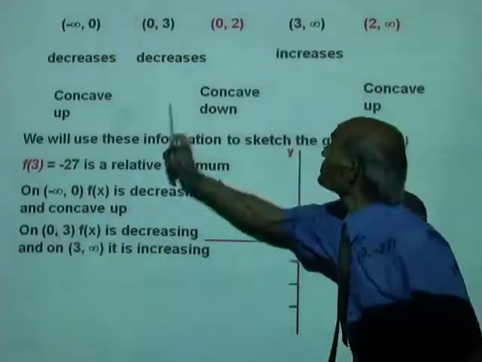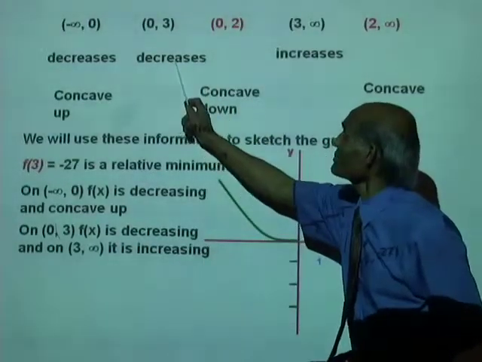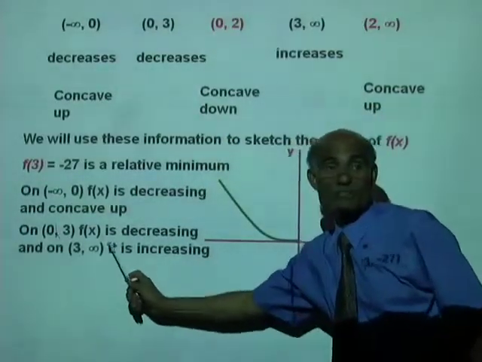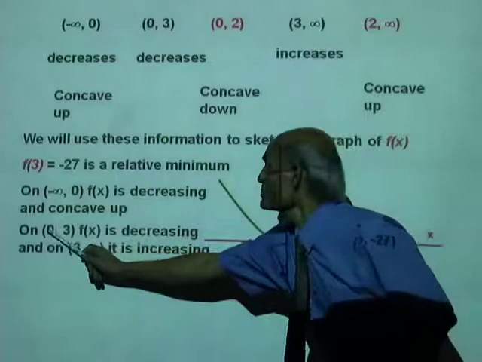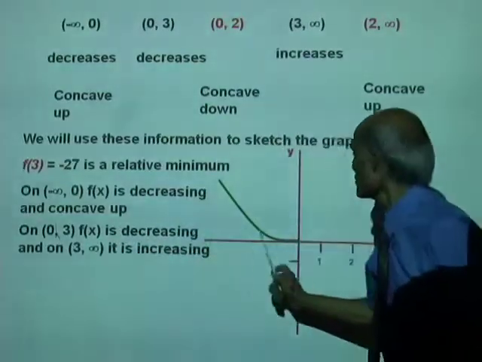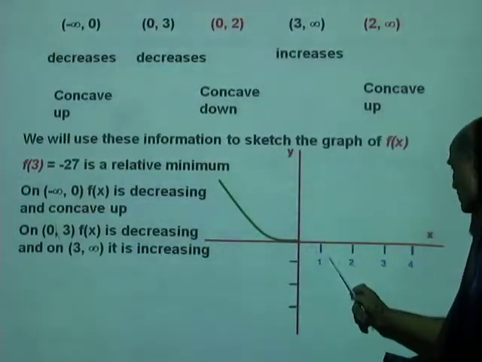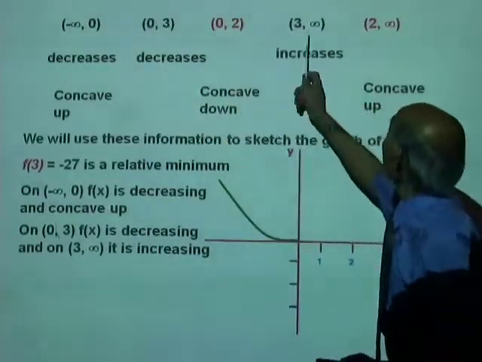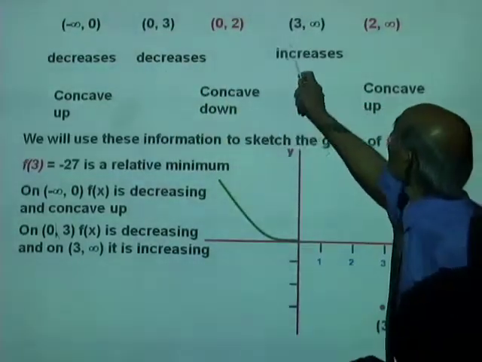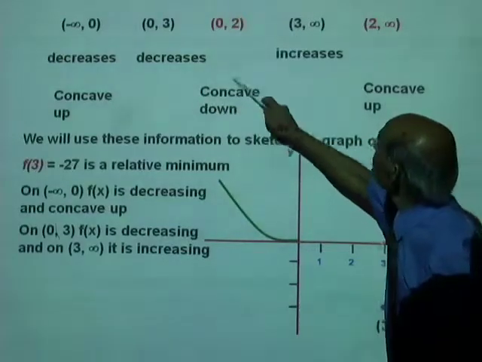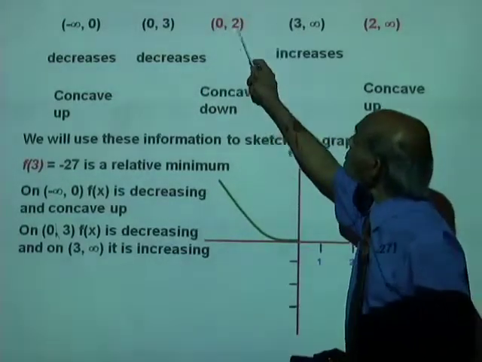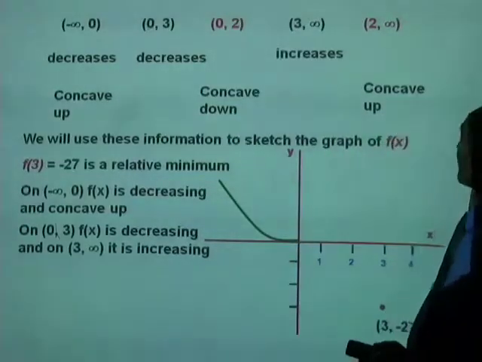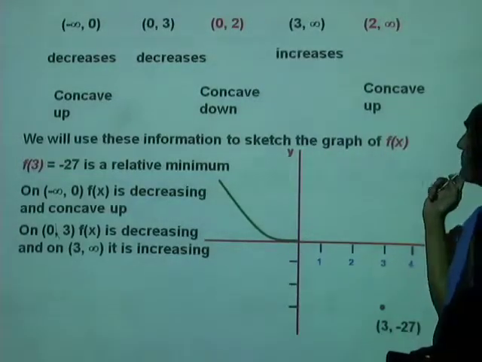Then from 0 to 3 f of x is decreasing, and from 0 to 2 it is concave down, and thereupon it is concave up.